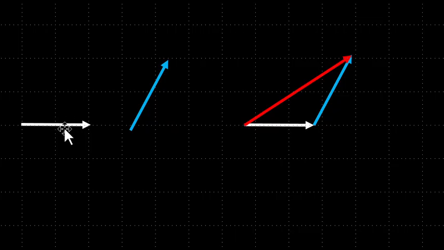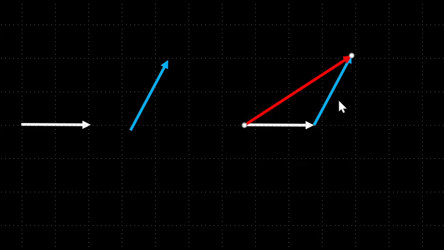It states that the resultant of this vector and this vector actually is this vector, because this is a triangle. This vector and this vector are representing two sides of a triangle in same order. So this third side represented in opposite order is going to be the resultant.